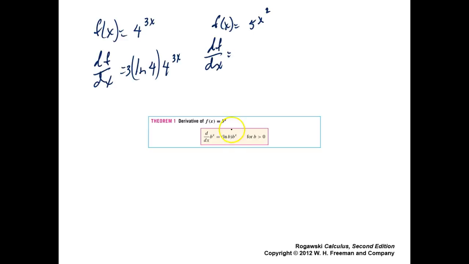Let's take it a step at a time. Let's look down here at our theorem. Anytime you have the derivative of a base raised to a power, first thing is it's the log of that base. What's your base there? 5. So it's log 5. That's how we're going to begin. Natural log of 5, times your exponential function. That's going to be 5 to the x squared.